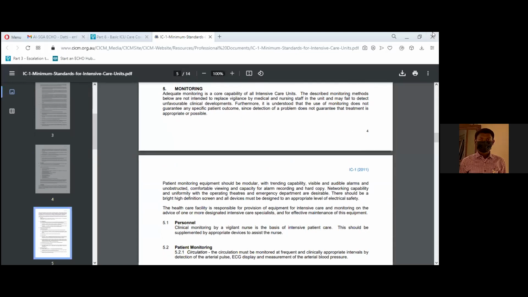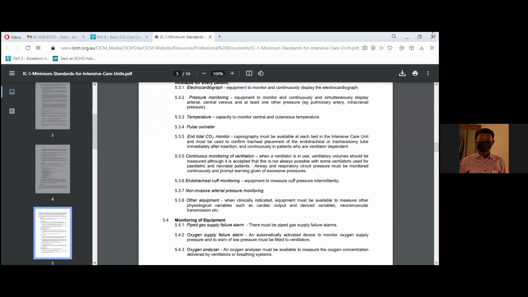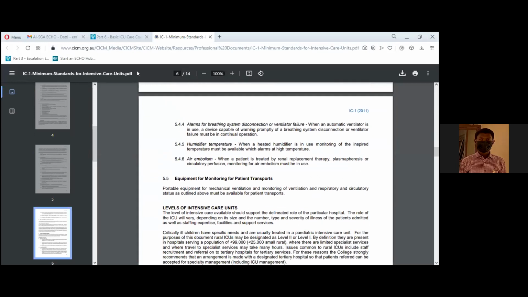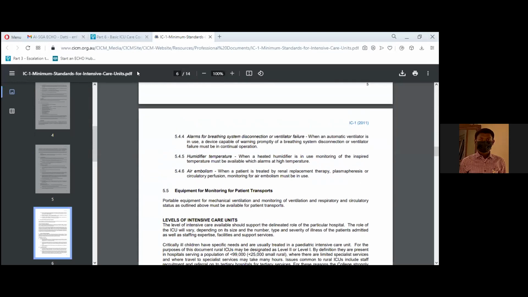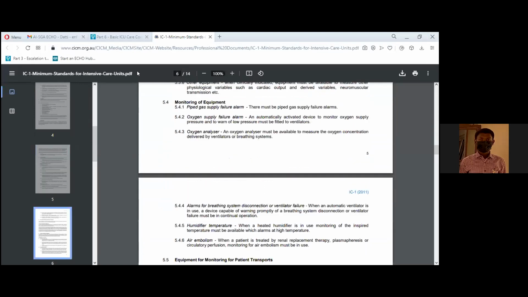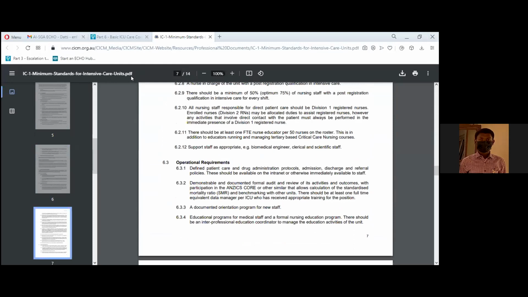It's a very long document, 14 pages. It talks about everything in ICU, from equipment, staffing, and even the levels of care. So it's a very detailed document. We should all download it and look at it.